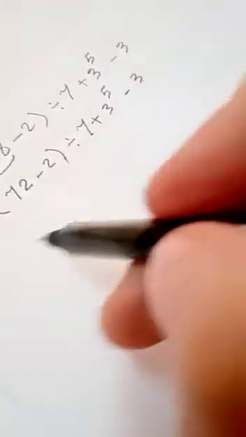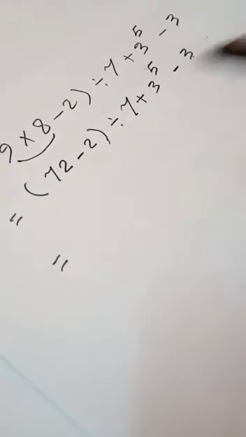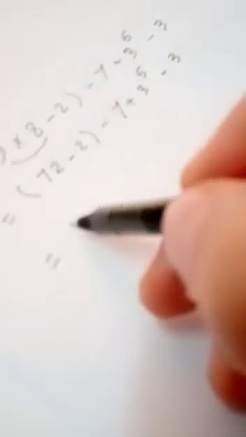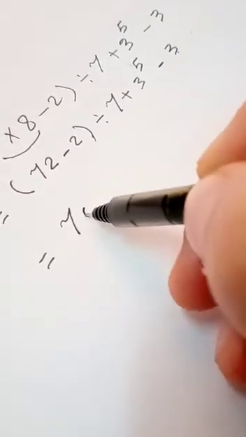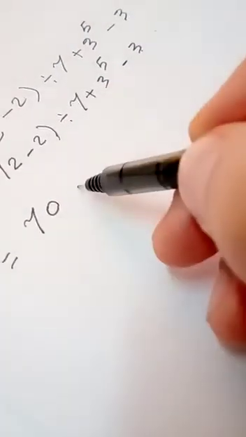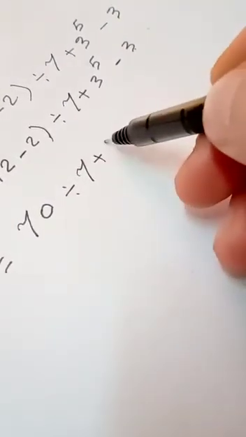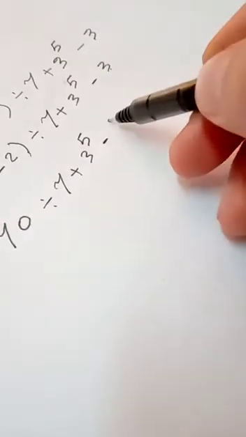Also we have parentheses here. Continue the operation inside parentheses. 72 minus 2 will be 70. Divide by 7 plus 3 exponent 5 minus 3.